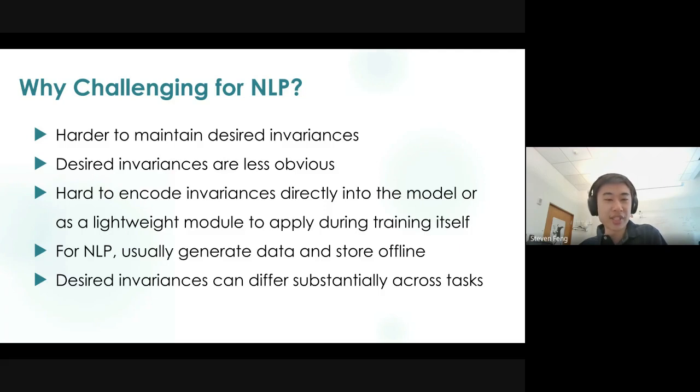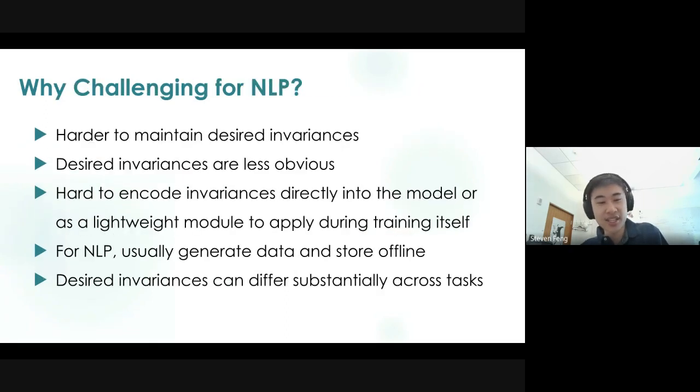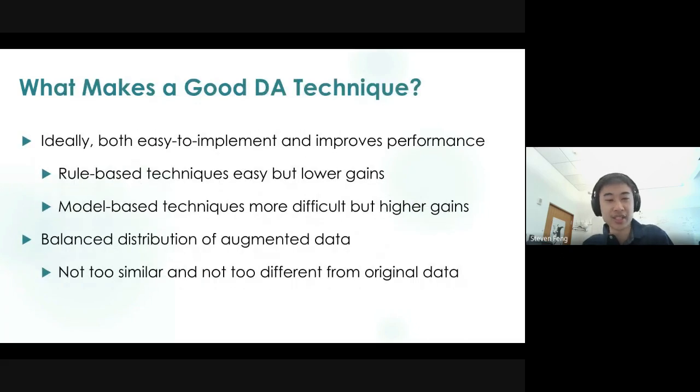Further, these invariances are harder to encode either directly into the model or used as a lightweight module that you can apply stochastically during training. For NLP, you typically generate the augmented data beforehand, store it offline and load it in during training, which is a less efficient process. And these desired invariances for NLP can differ substantially across tasks, whereas there are common computer vision techniques like rotation, which are more commonplace and task agnostic.